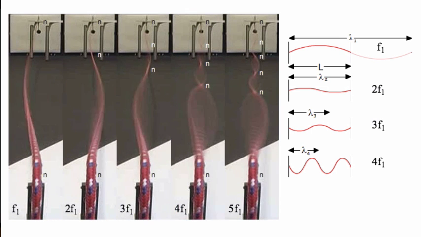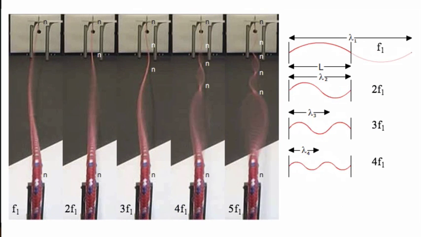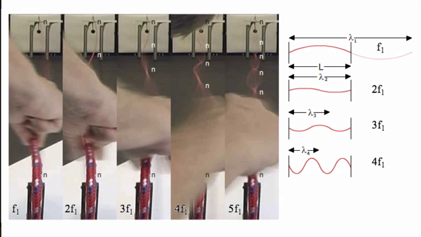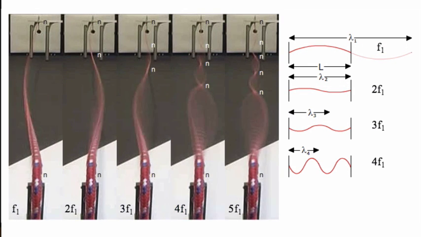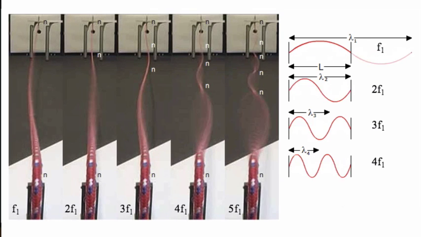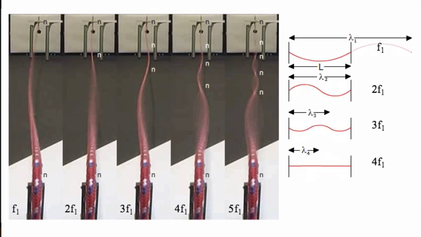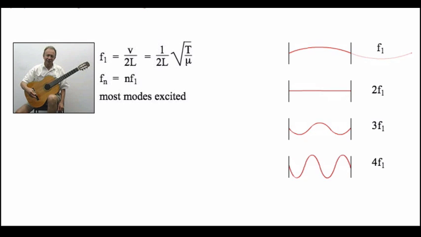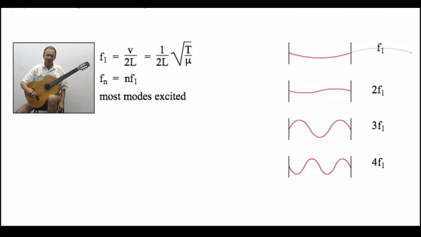Well, these frequencies are nice to see, but they're too slow to hear. So instead, let's go back to thinner, lighter strings on a musical instrument. I pluck this string and can excite most of the modes having displacement nodes at the ends.